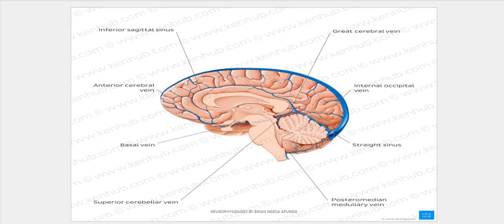So here we have the superior sagittal sinus, inferior sagittal sinus. These are very important veins. We can see how they are sprouting from our expected sinuses.